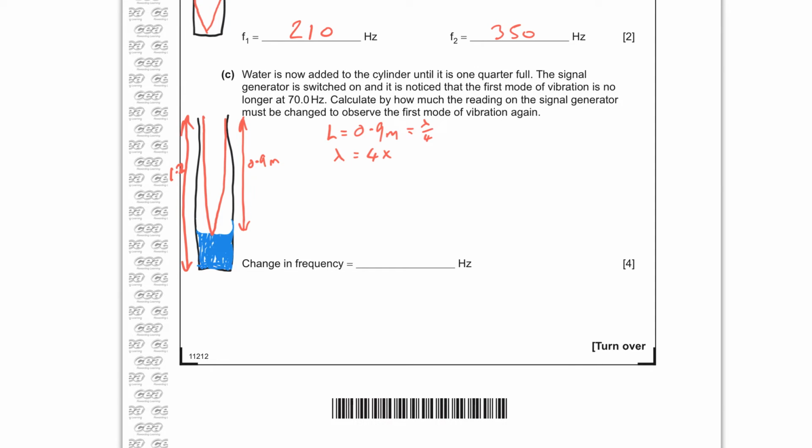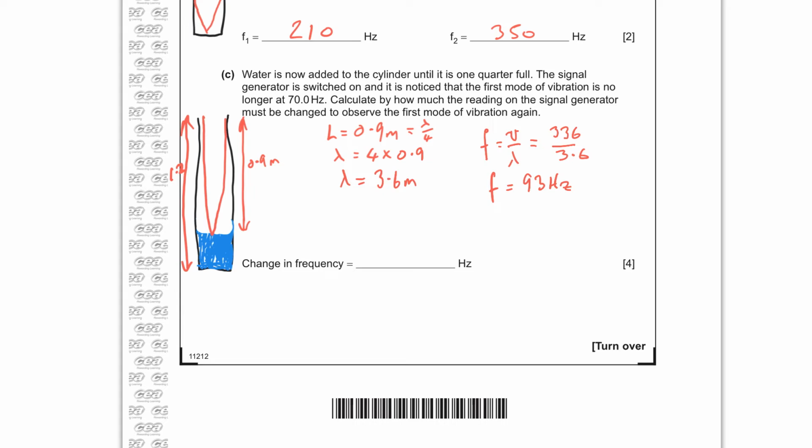Means that lambda is going to be 4 times 0.9. So lambda is 3.6 meters then. And f is going to be v over lambda. And we had a speed of sound from the first part of 336. We just put in our lambda now to get a frequency.